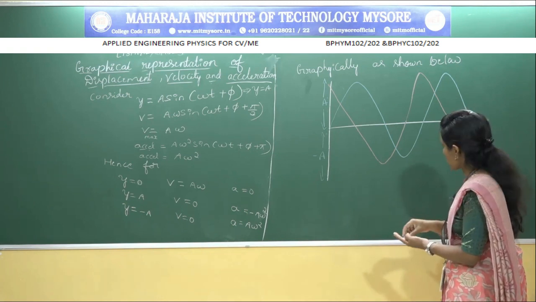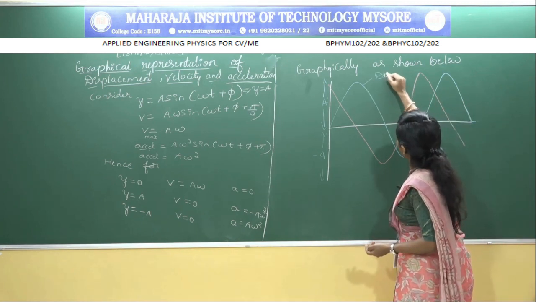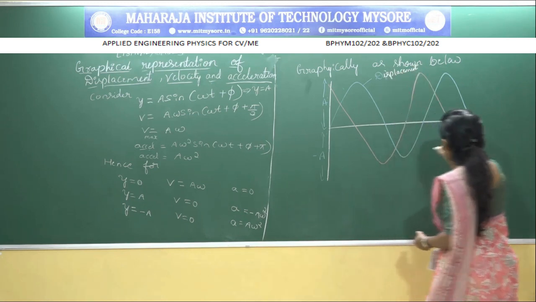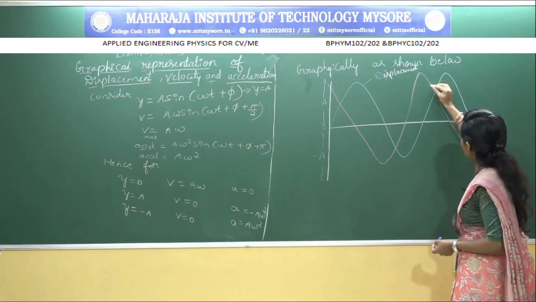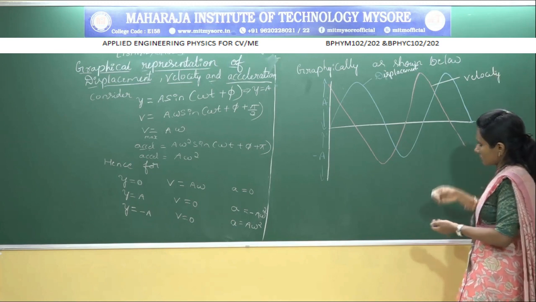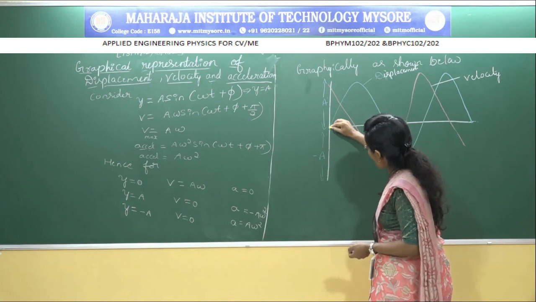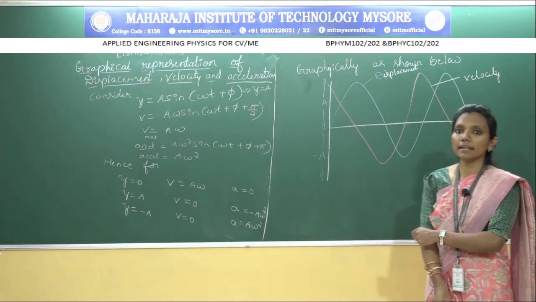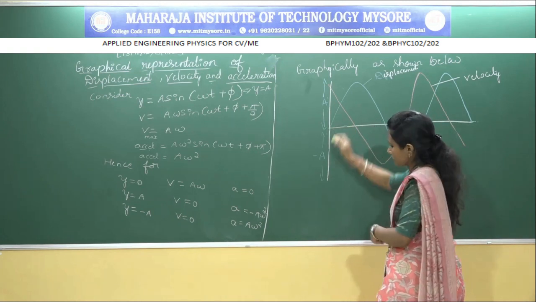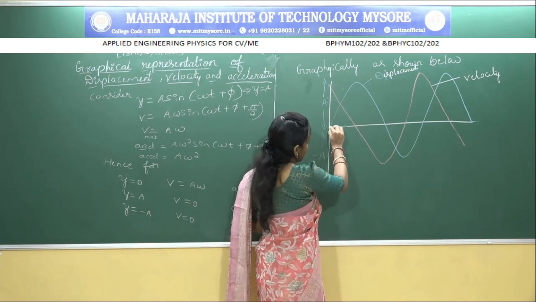So this is the velocity. This is the displacement and this is the velocity. And next, the acceleration is opposite to the displacement, in the negative axis. So we can represent it opposite to the displacement.